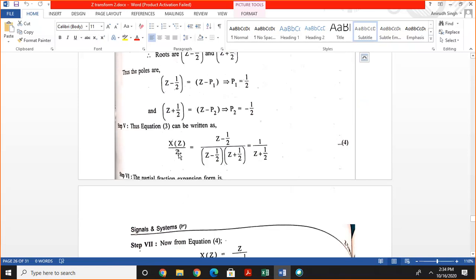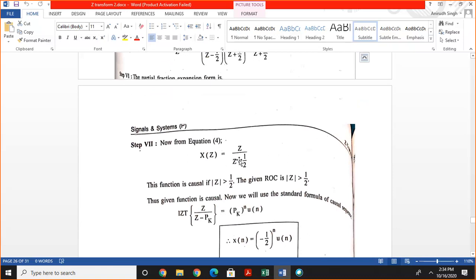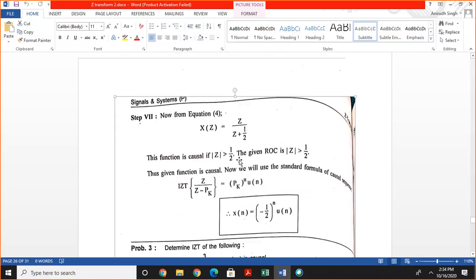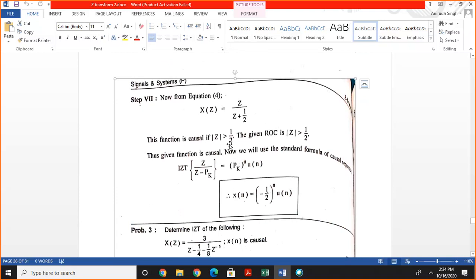X of z divided by z is given by this expression: z minus half divided by z square minus 1 by 4. Then we find out the roots of this equation. We can easily calculate the roots of this equation. Roots are this.